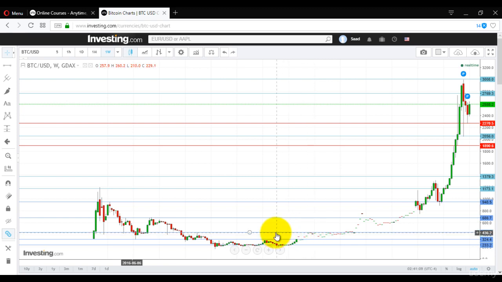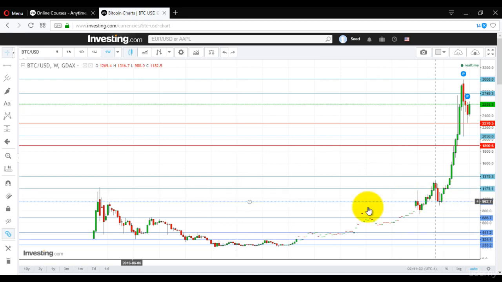It got stuck on this level, which was this low, this support, and this high. Got stuck, rose up, went higher, went down because this level was really important. Then it again rose up, made a high approximately near this $1,200.